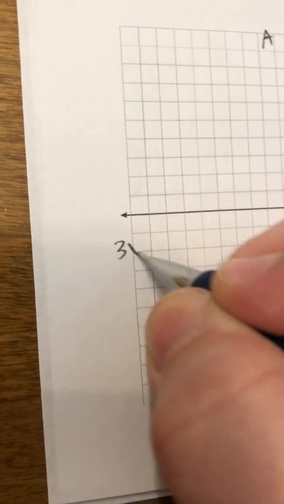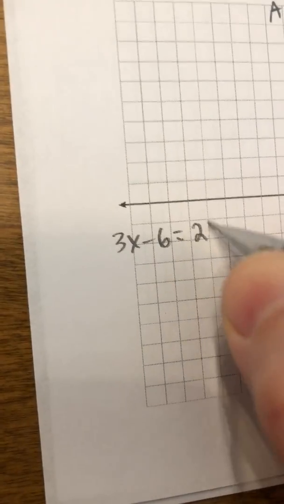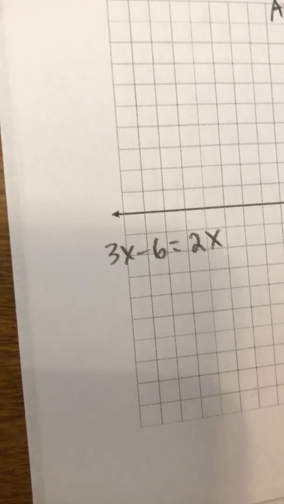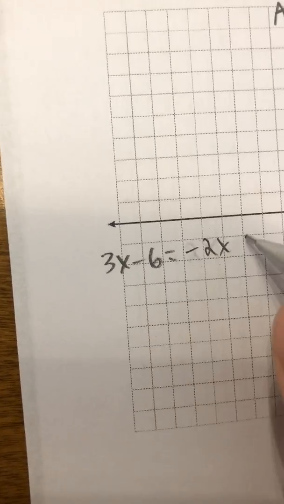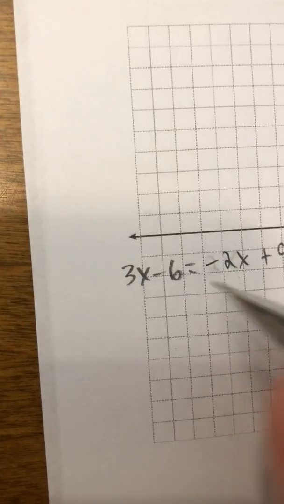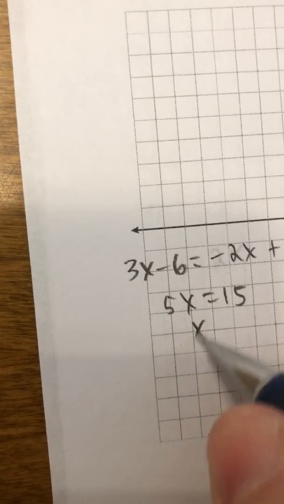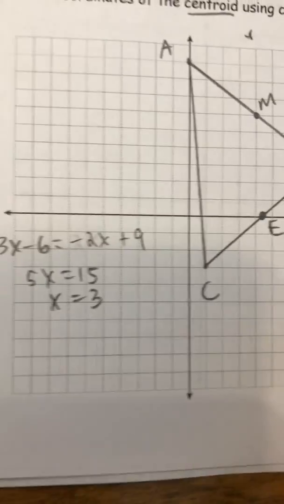So over here, I'm going to do 3x minus 6 equals negative 2x plus 9. I get 5x equals 15, x equals 3.